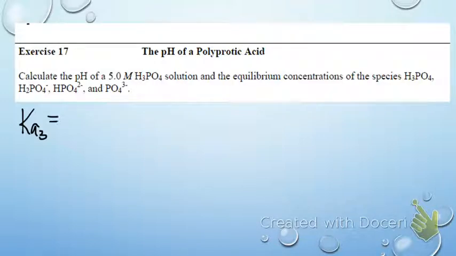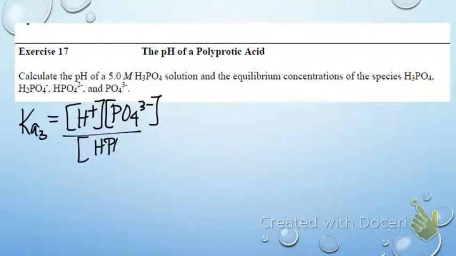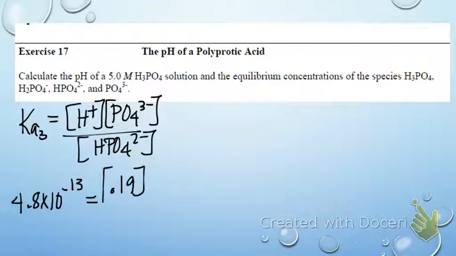So we have H plus times PO4 3 minus over the HPO4 2 minus. So we plug in the Ka value, 4.8 times 10 to the negative 13. That's the published value. And then we're going to have 0.19 because our H plus is pretty much 0.19 the whole way through, since most of the hydrogen is coming from the first dissociation, times the phosphate, PO4.